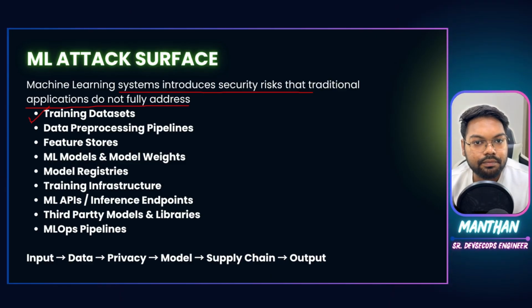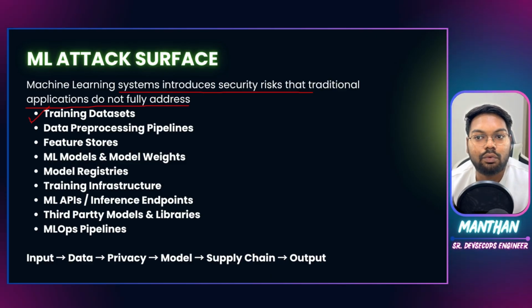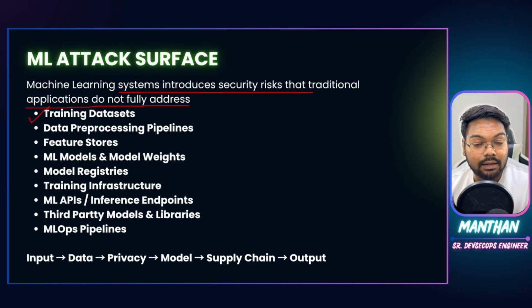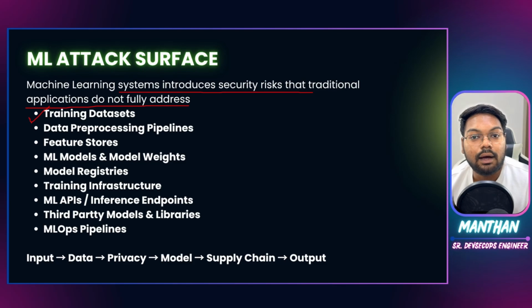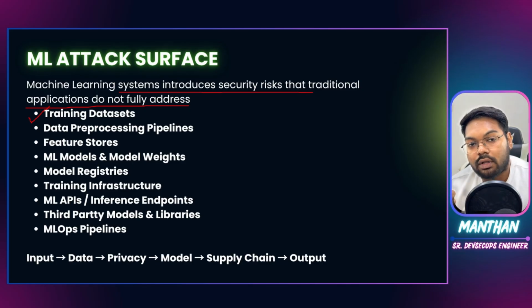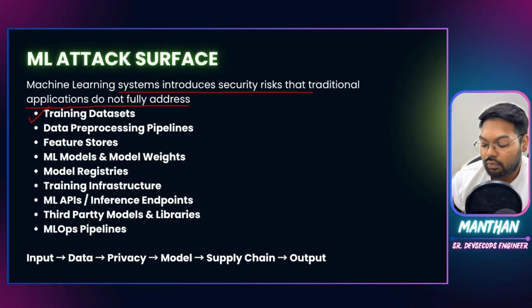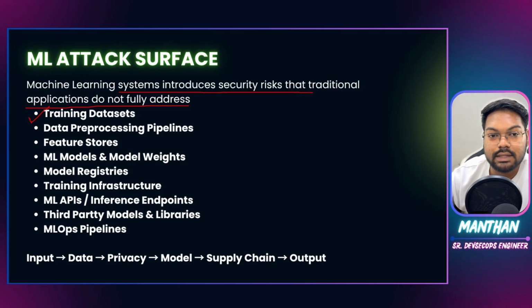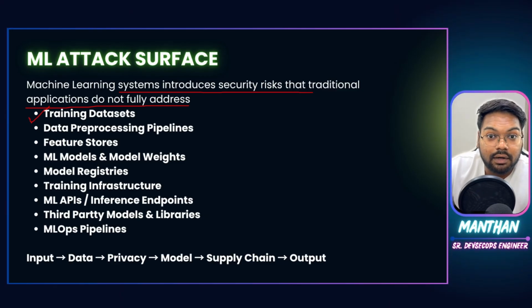So that's how training data could be one kind of attack surface. Whoever is training that particular model, if the data set somehow gets tampered with or attacked by a malicious actor or an adversary, then the data set gets corrupted, it reflects in the model, and the model would give out false information. Let's say you ask ChatGPT about different countries.